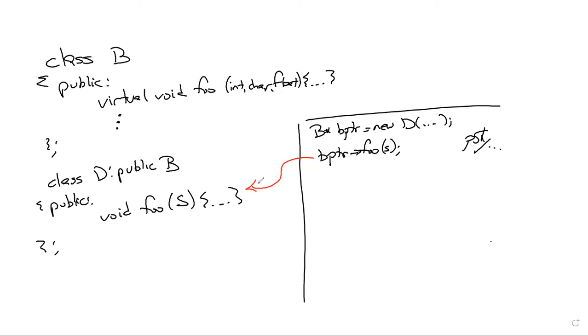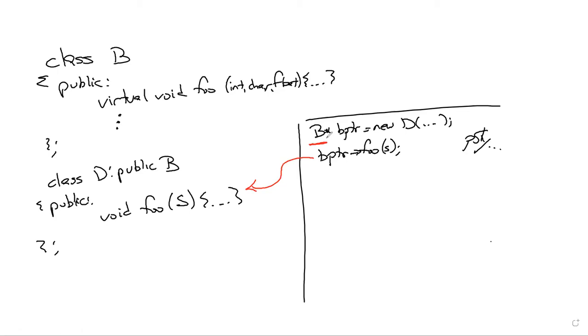The problem is that during compile time, the compiler does not know what the pointer is really pointing at. As far as the compiler knows, bptr is of type B star. And therefore, how can it know that this function is legal? If you look at the original function in the B class, it's supposed to get an int, char, and float, and not something of type S. And therefore, how is the compiler supposed to know that this is actually a legal call?